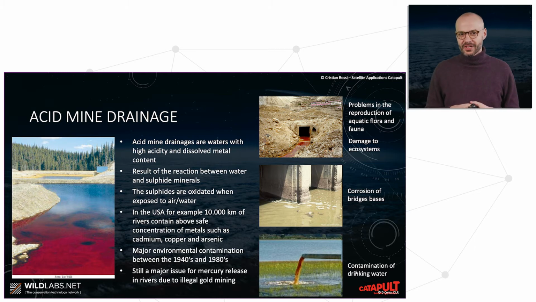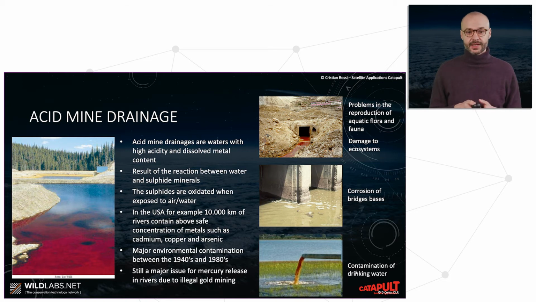This is obviously a bad phenomenon for the environment, and it's bad for many reasons, as you see there. So there is a potential contamination of drinking water, there is a corrosion of bridges, and there are general damages to the ecosystem. So clearly this is something that must be avoided. It's a major environmental contamination.